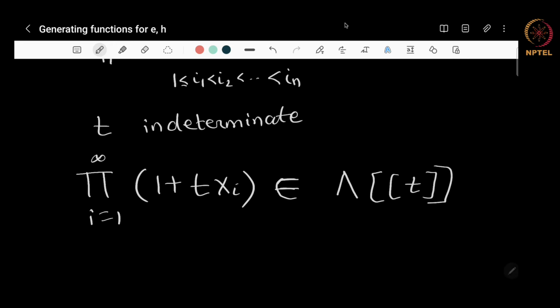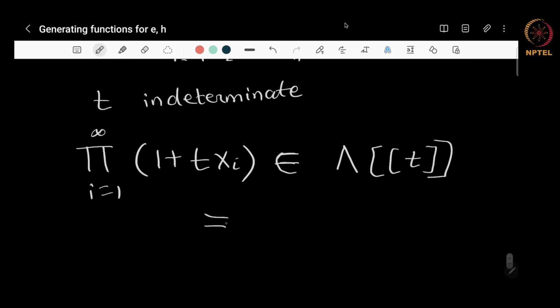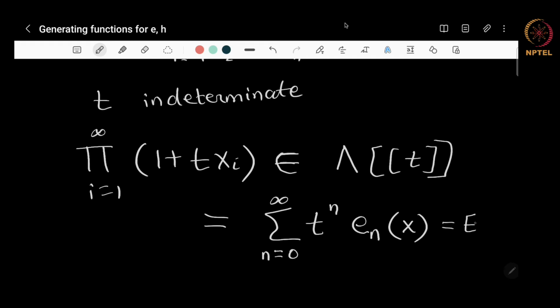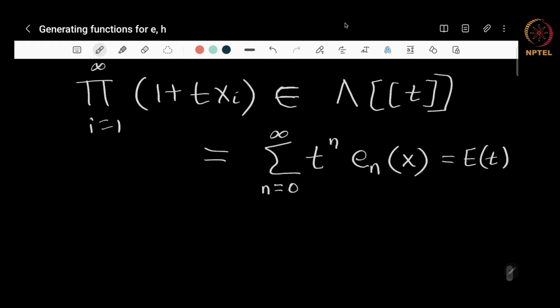If you think about this for a moment, you realize that this is actually very easy to see: this is the power series sum of t^n, where the coefficient of t^n is exactly e_n, the e_n in the infinitely many variables x_1, x_2, and so on. So this is what's usually called E(t), the power series for the elementary symmetric functions. And this is only, remember, for the e_n's. So there is something more we will need to get the e lambdas.